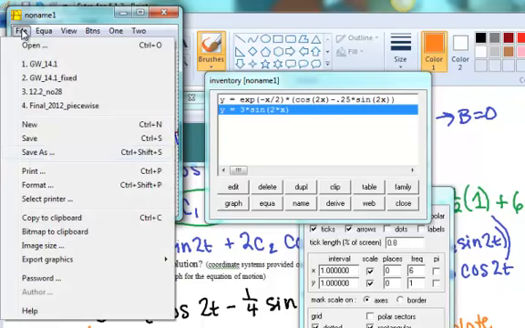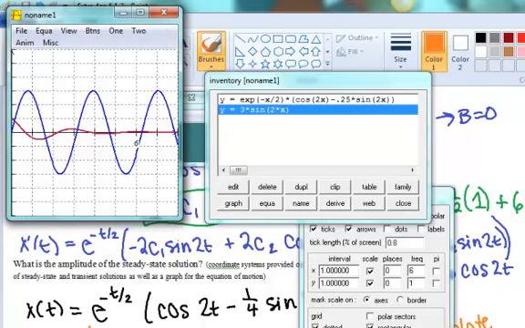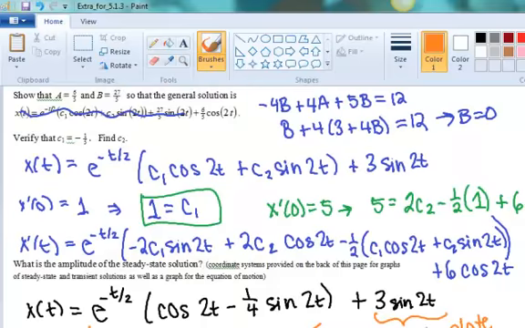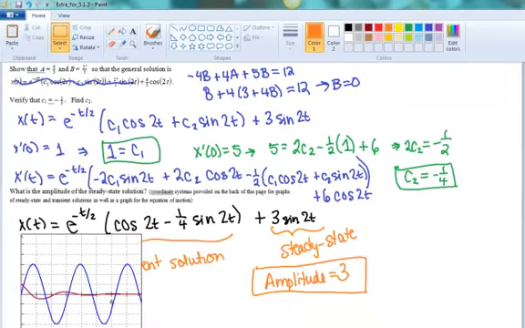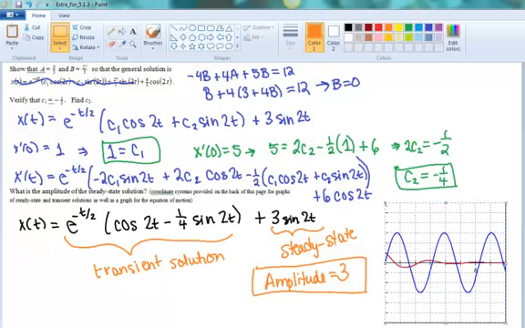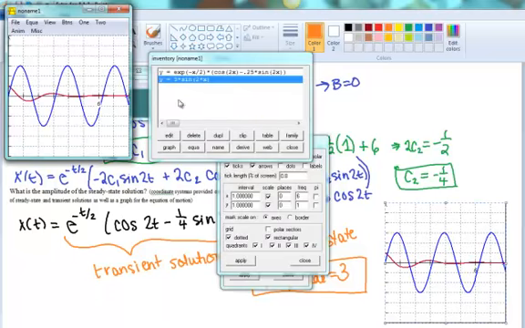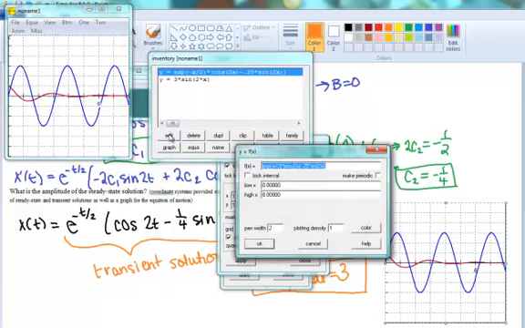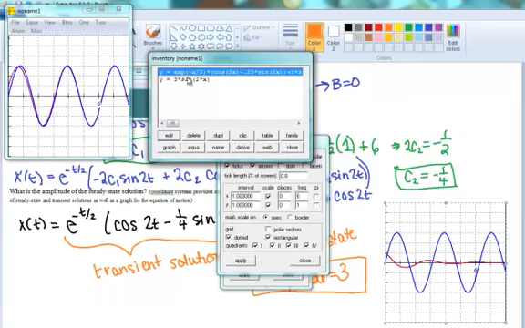So let's see. There's that one. There's the two of them together. And then the equation of motion is just the sum of those. I'm just going to edit this one and add 3 sine of 2x at the end. And I'll delete this one.